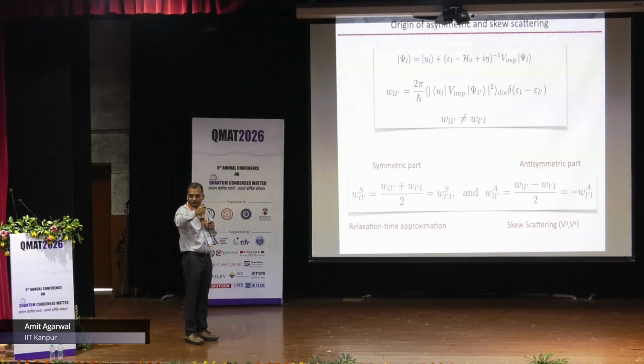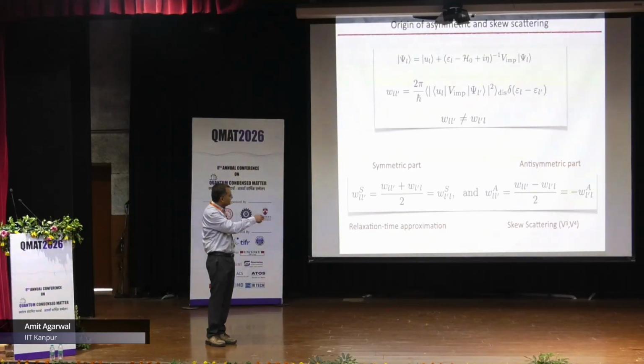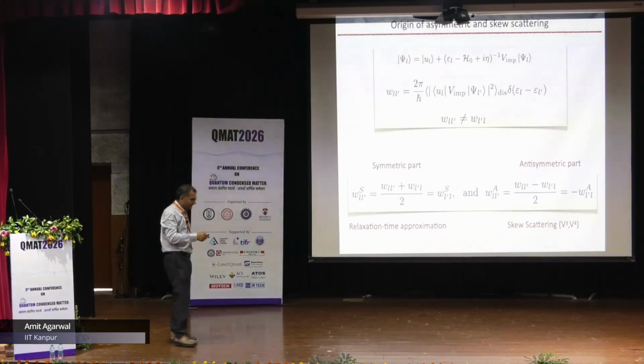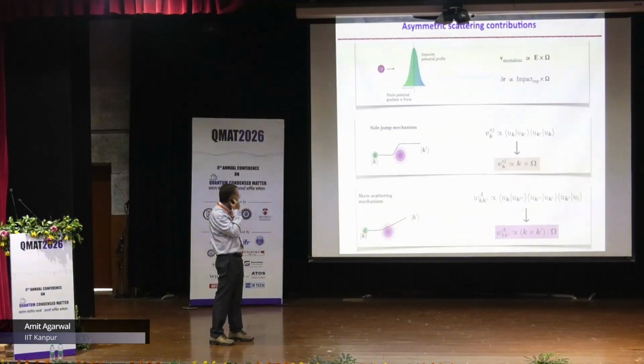But I can have higher order contributions in terms of scattering if I take the disorder modified wave functions, etc. And if you take the third order systematically, then you start getting this antisymmetric part as well. And this gives rise to skew scattering and side jump like processes.